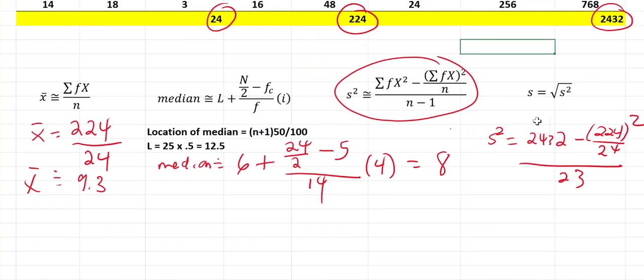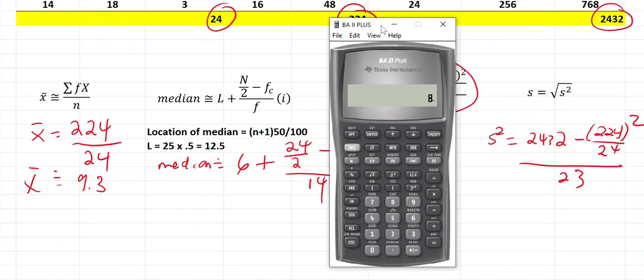Scroll up a little bit. So my calculator. I'm going to do it backwards. 224 squared divided by 24 equals, change the sign to a negative by pressing plus minus. I'm going to add the 2432, equals, and then I'm going to divide by 1 less than the total frequency, which is 23.